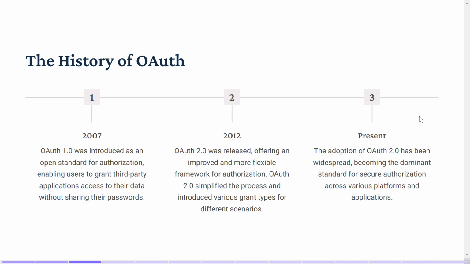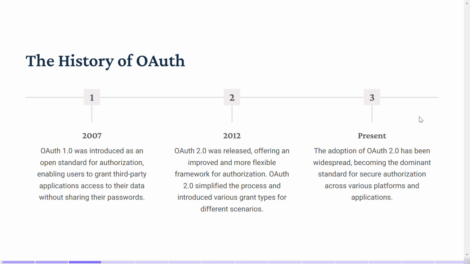The main purpose of developing OAuth is to overcome security issues in web applications. To overcome security issues in web applications, OAuth 1.0 was introduced in the year 2007.